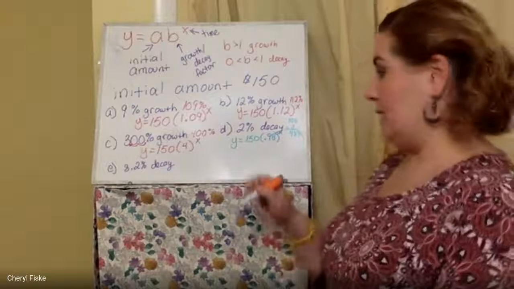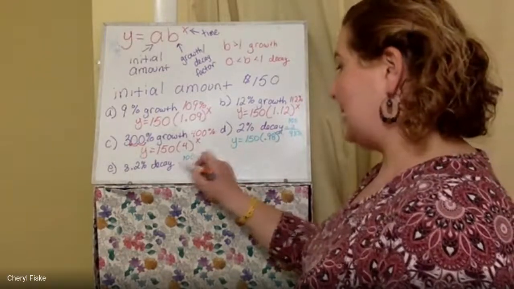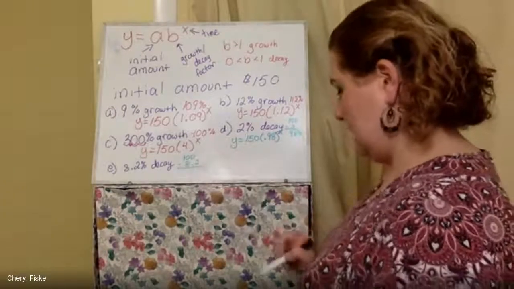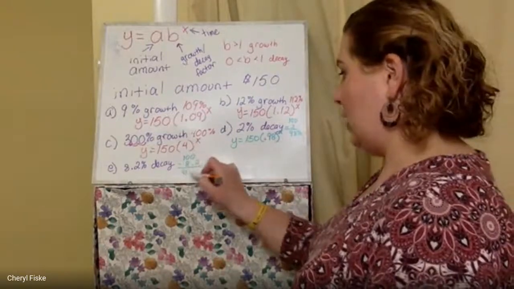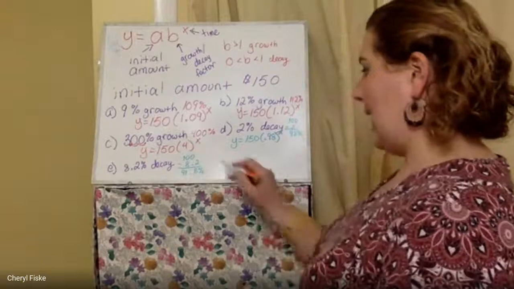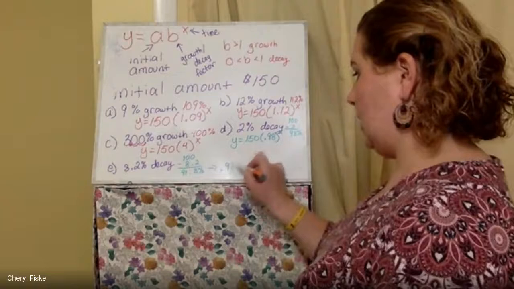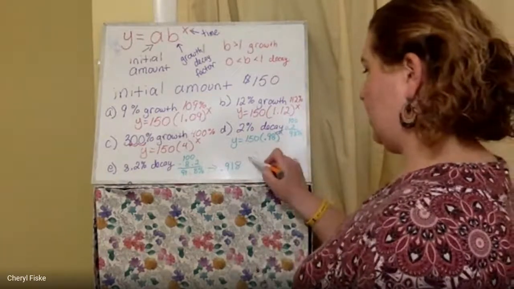8.2% decay. So I was at 100, but I went down 8.2%. So I'm really at 91.8%. Well, as a decimal, that is 0.918. So what's my answer here?